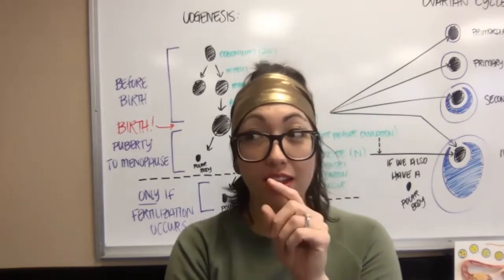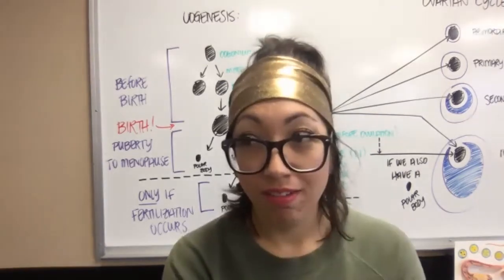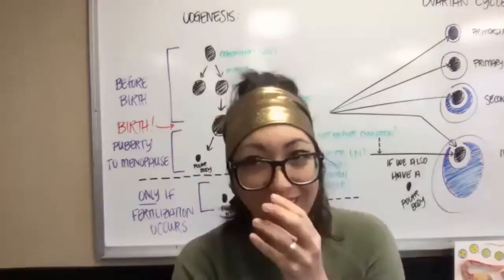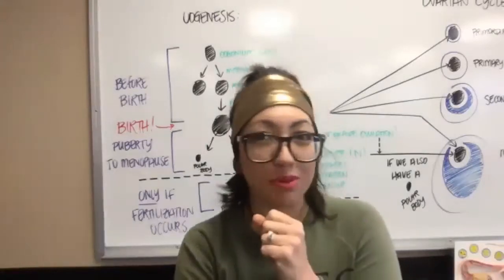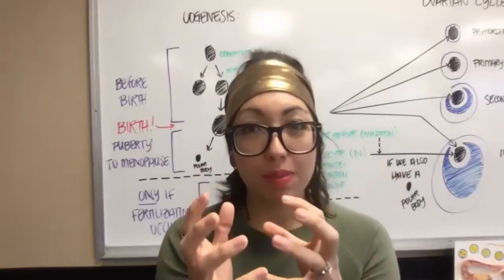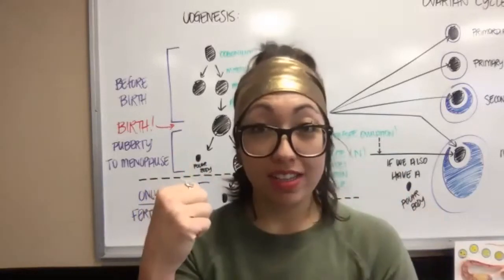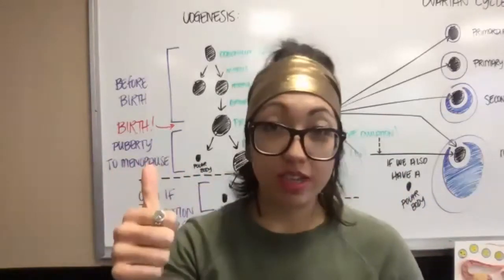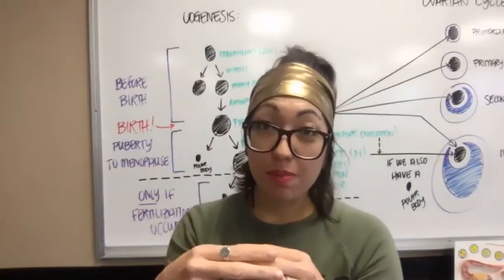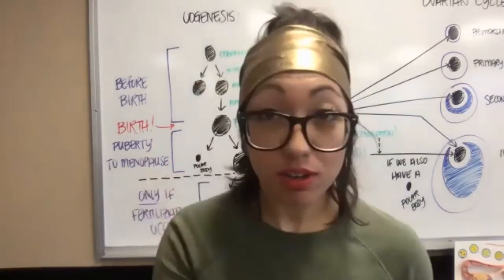So really, half of you was inside of your grandmother, right? Sometimes students get really disturbed when I tell them that. But that's true, right? When your mother was a developing baby, her ovaries were creating oocytes. She was born with all the oocytes she's ever going to have. So half of you was inside of her when she was a baby, inside of your grandmother's womb, which means half of you was inside your grandma.